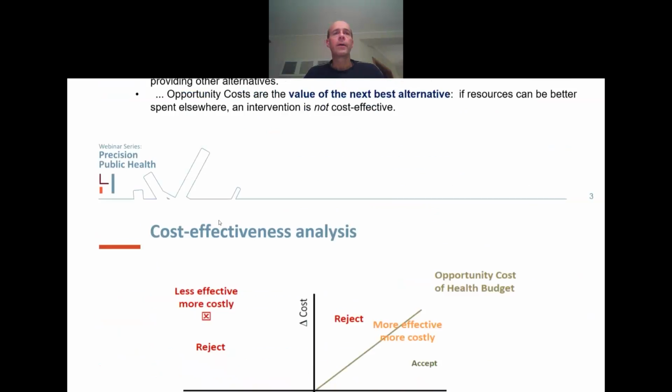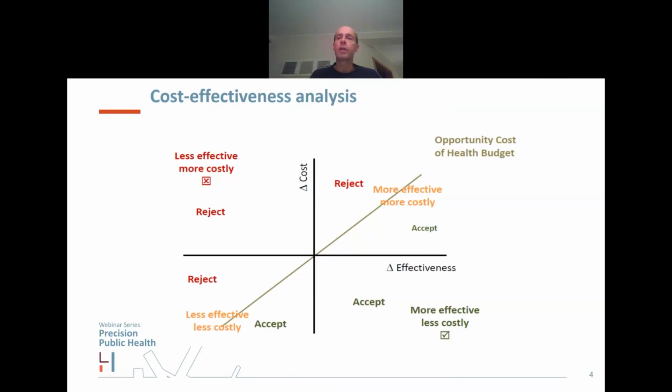Now, some of you may be familiar with the traditional cost effectiveness plane. Suppose we compare two interventions to each other, one that already is in place to a new innovation, say, precision public health, some fancy intervention, and promising.